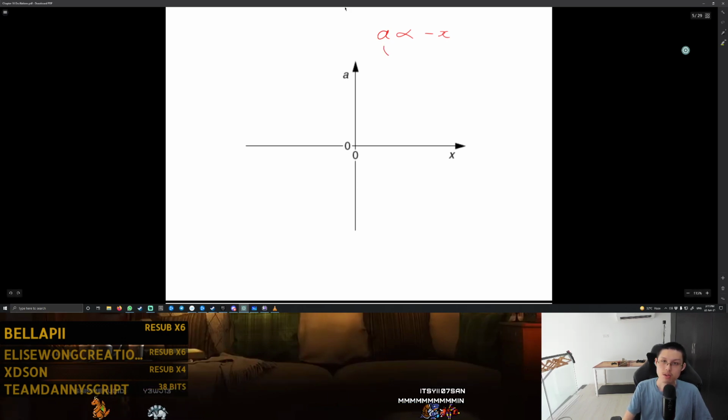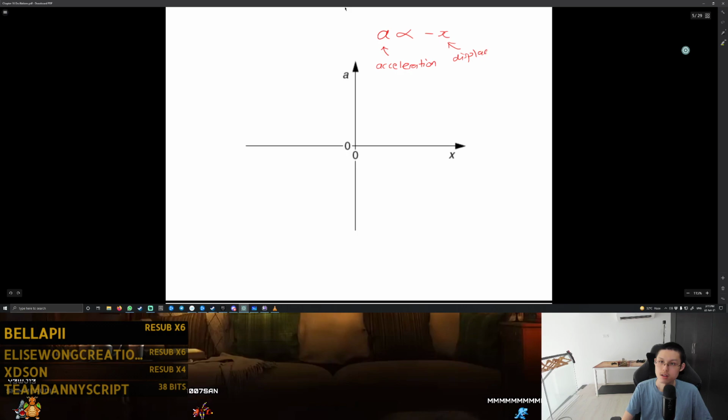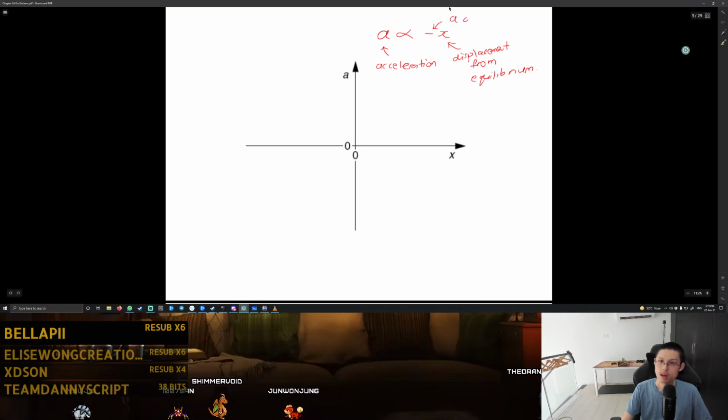So this a is going to be the acceleration of the object, this x is going to be the displacement from the equilibrium position. And the reason you have a negative here is because a and x are oppositely directed.